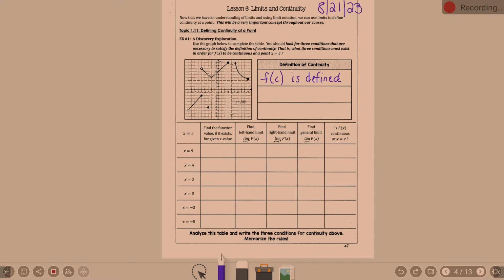The limit from the left must equal the limit from the right. That is a simpler way of saying that the limit must exist. So we're going to say here the limit as x approaches c of f of x must exist.